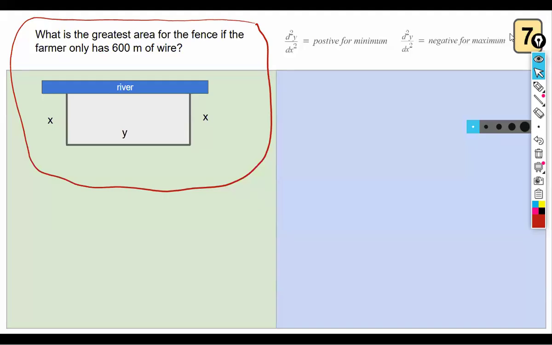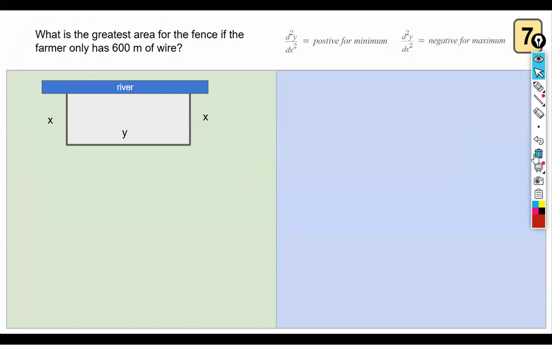So you're going to pretend that you are a farmer, right? Let's just say you have a farm and you want to put up a fence to prevent the cows from escaping. Now you're going to use nature to kind of help you out. When you're putting up the fence against the river, the river itself is a natural fence.